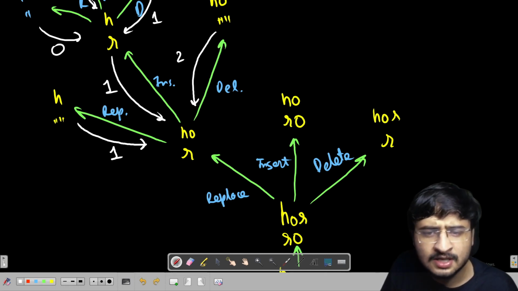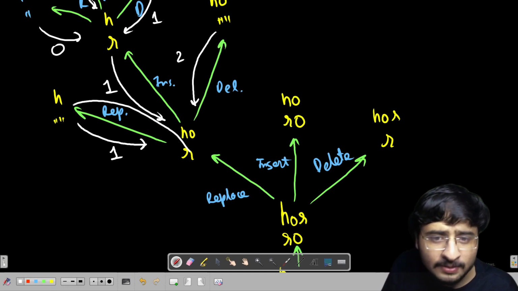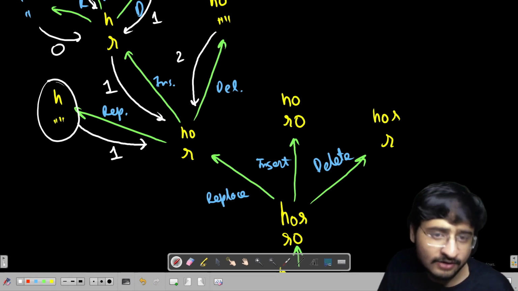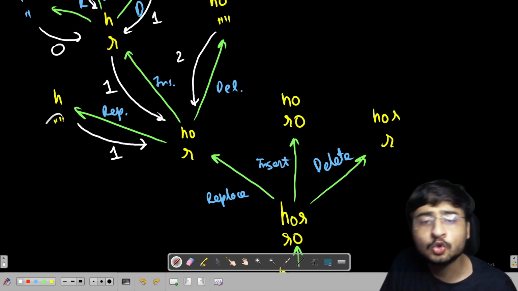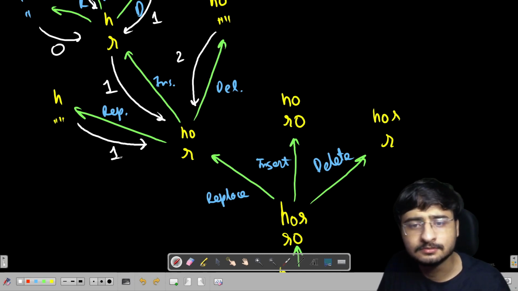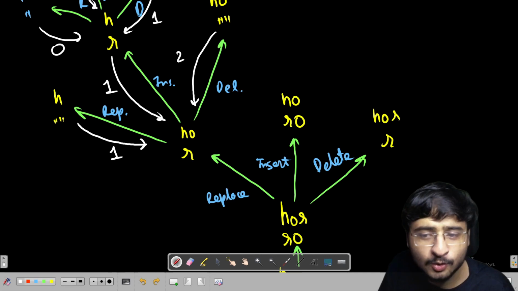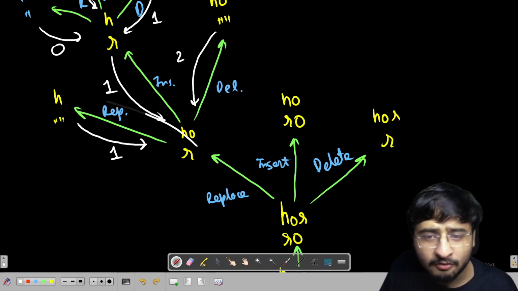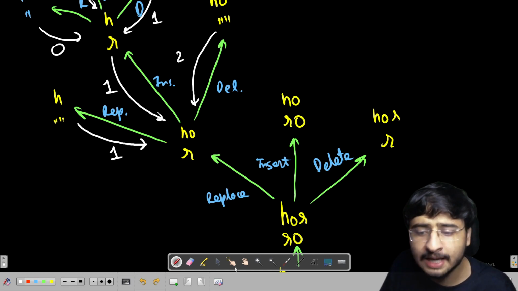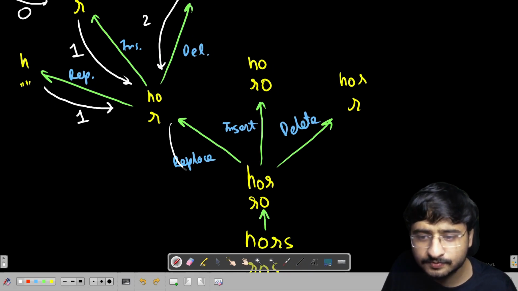I'll choose the replace operation, and to make this replace operation, we are able to convert. This one says that to convert H to an empty string, you need 1 operation. How many operations do I need to convert this to this? A replacement operation. So 1 plus 1, which is 2. From here I'm going to return a 2.